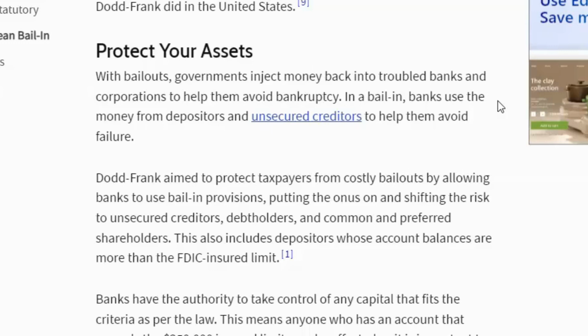So you want to make sure that you are protecting yourself and you get yourself in the best position possible to protect your assets. Diversify and look into other places to place your money so it's not all in one place, and don't count on the income that you have right now to continue into the future. You may want to diversify not only your assets, but diversify your income.